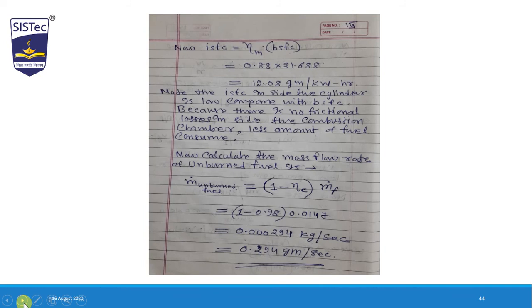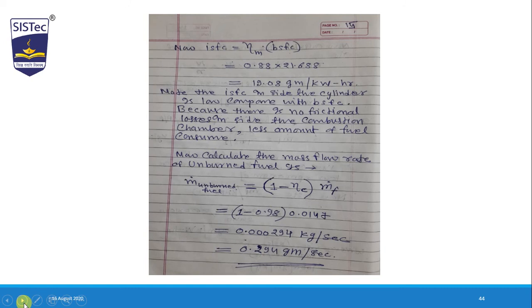With this help, we calculate the mass flow rate of unburned fuel. A few particles are always left in the combustion chamber without burning. So here we calculate that amount, how much fuel is left without reacting with the air molecules.